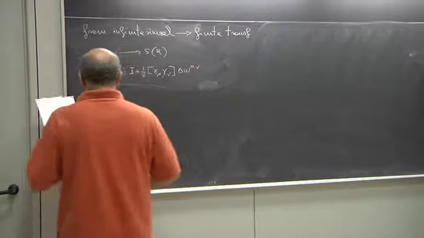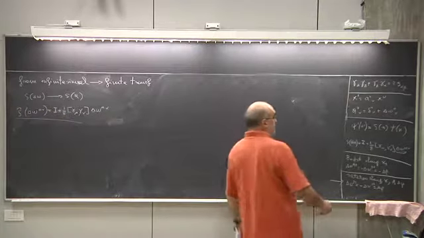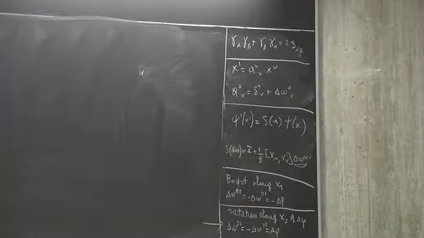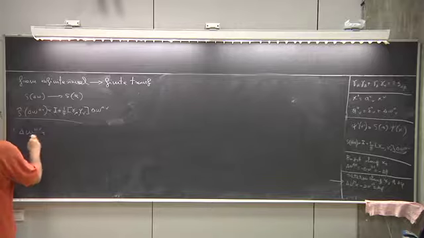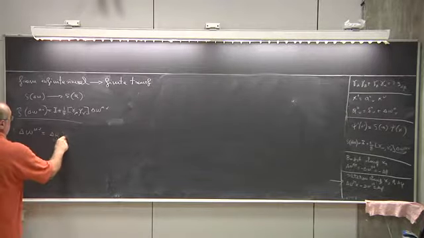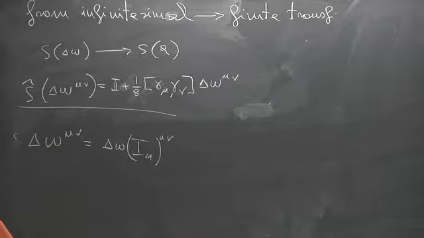For the rotation, you remember the rotation. What is the crucial ingredient here? It is to get this delta omega mu nu, the infinitesimal one, which we wrote as delta omega times some matrix I N mu nu.